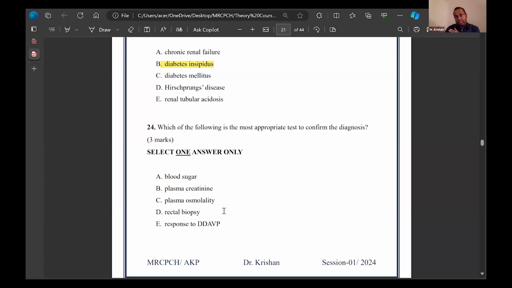We need to be realistic. We can't pass and get GMC registration tomorrow, isn't it? That doesn't happen that way. Even the exam takes its own time. You need to be patient. All right. And then, say in another 9 or 10 months' time, a maximum of 1 year, you are done with MRCPCH theory.